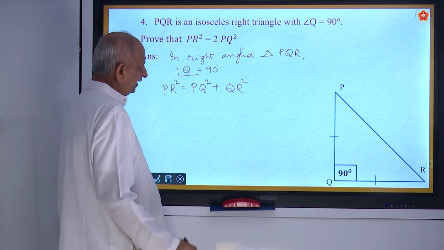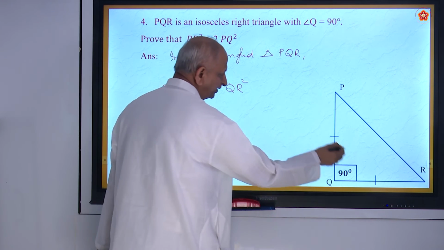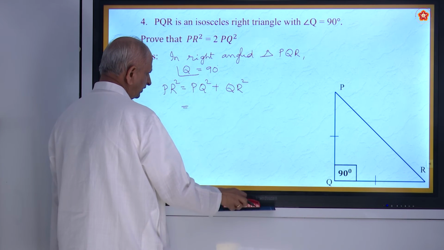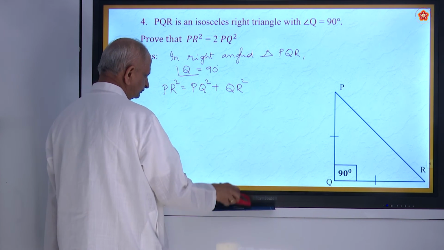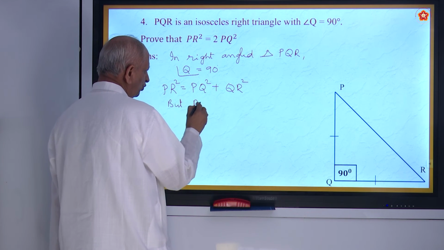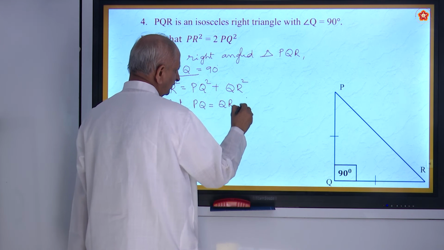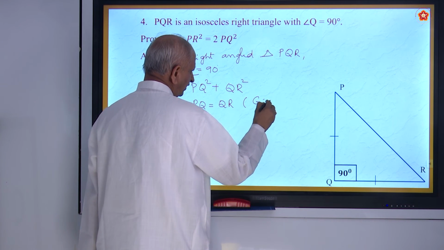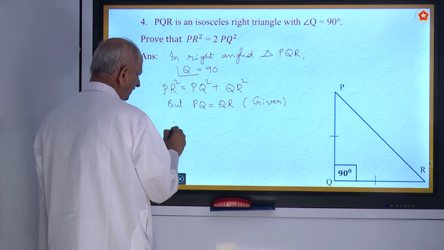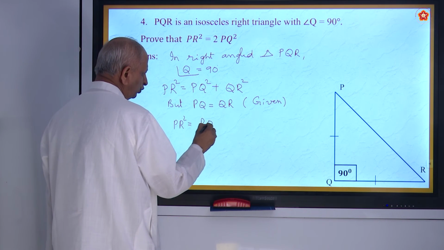Now you are given that it is isosceles, means two sides are equal. So you can write PQ is equal to QR. That is given, it is an isosceles triangle. So if you apply it here, PR square is equal to PQ square.